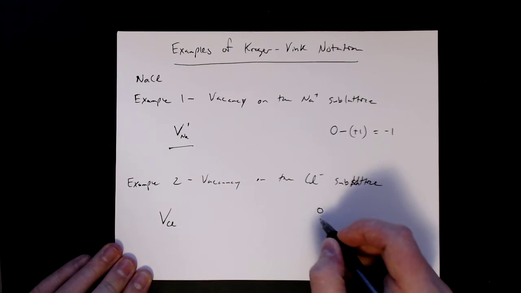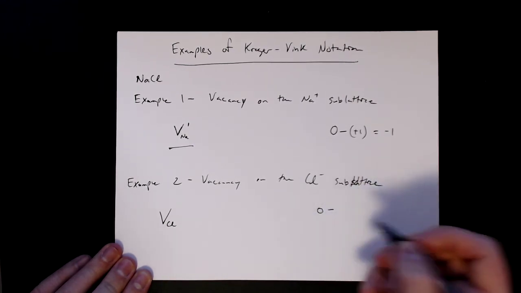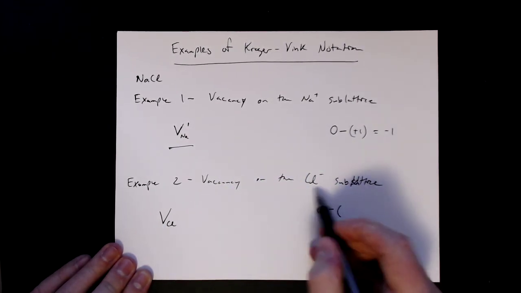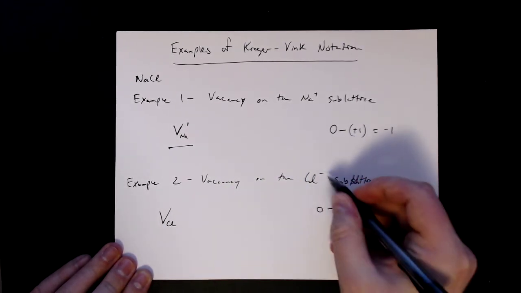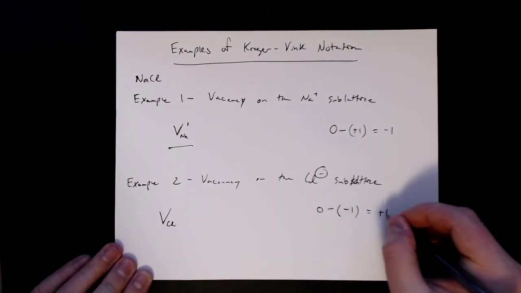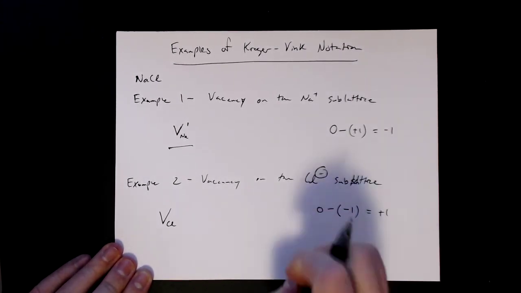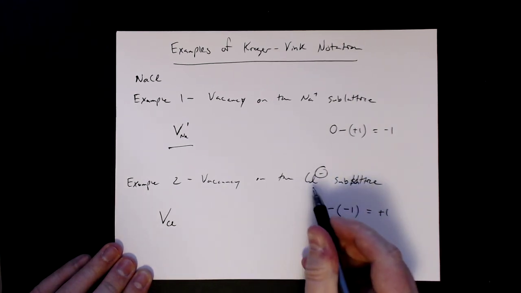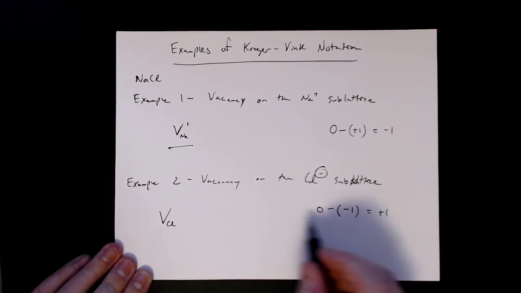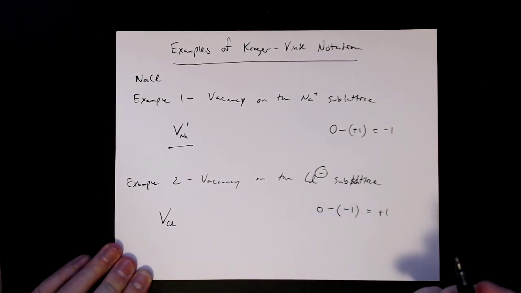So 0 is our perfect crystal. Then we're going to subtract something by having a vacancy. And we're subtracting a -1 charge based on what's here, right? So in this case, this would be +1. So the removal of a negatively charged chlorine leaves us with a +1 charge associated with our crystal, right?